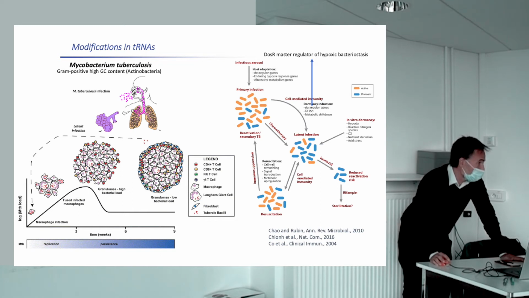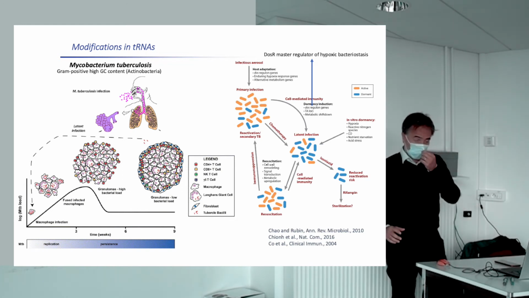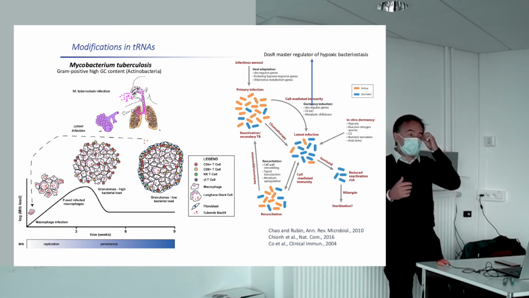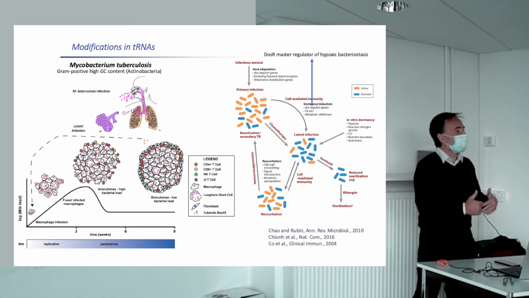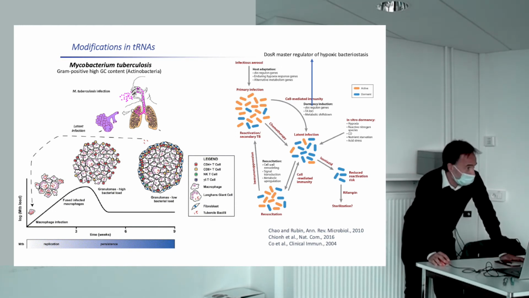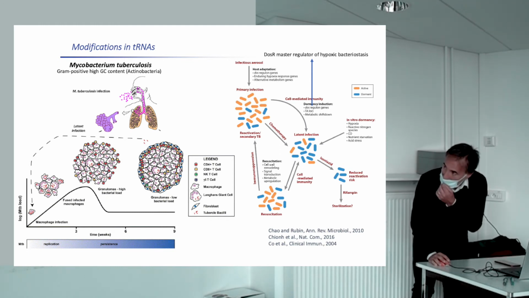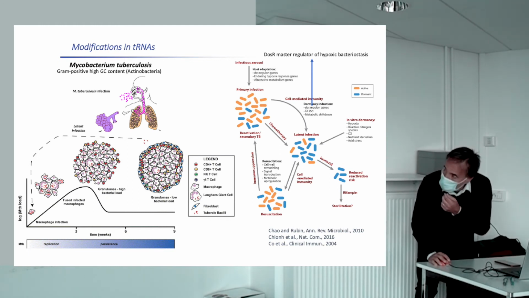It is not killed by macrophage, and actually it is inducing enormous differences on the macrophage itself. So macrophages start to fuse together in the presence of Mycobacterium tuberculosis, and some granulomas start to be formed, in which we have a lot of macrophages fused together.